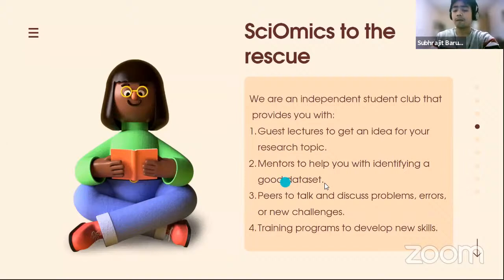Then you would get great mentors at Pine Biotech who can help you out with refining your question, refining your idea, and also helping you out with the various skills or the tools that you need to perform this particular research, the methods. Finally, you can obviously talk to other peers who are part of this club, discuss problems, clarify your doubts, talk about certain errors that you might be coming across in your research project, or talk about new challenges which you can solve together.